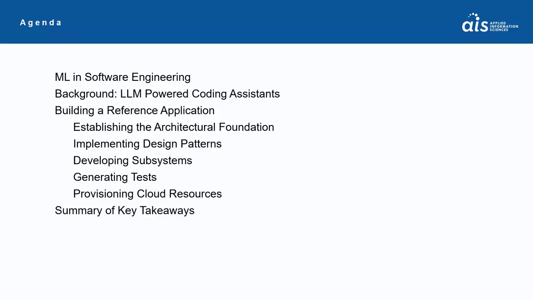And then we'll make all of this conversation real by taking a look at a reference application, starting out with requirements, building out the architectural foundation, getting into some design patterns, developing some subsystems, generating code, and then ultimately doing some testing and provisioning cloud resources. And we'll end this session by talking about some of the key takeaways for you as developers and how you can leverage generative AI.